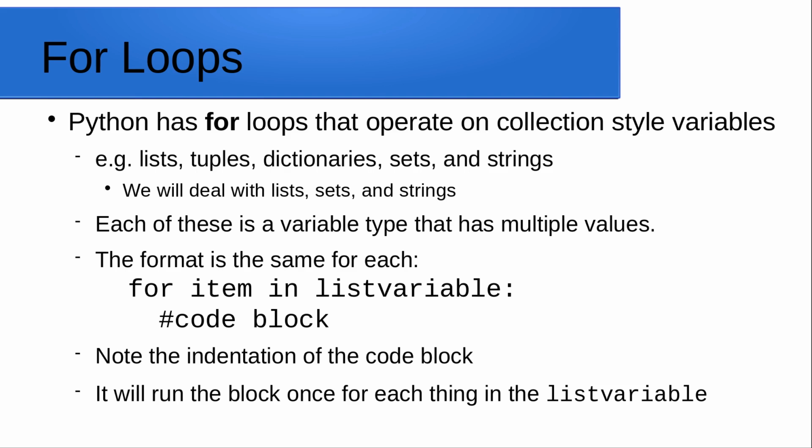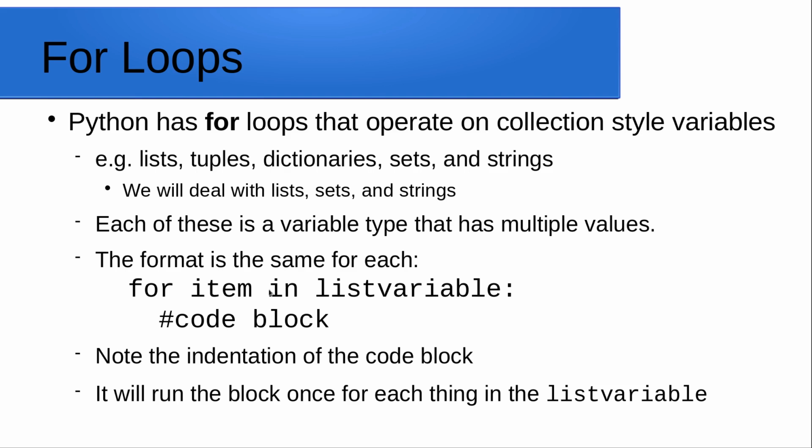Whichever of these collection style variables we're using, the format for the for loop is going to look the same. It doesn't actually care which one we're using. It will be for some individual element name, so that's a variable name that we get to choose. I've called it item just because it's an item in our list. I suppose I could have called it element as well.